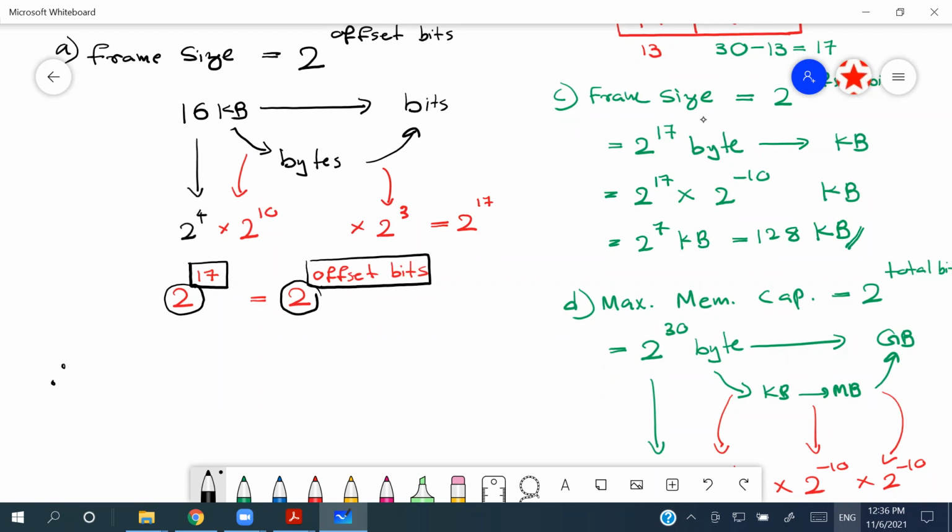Therefore, offset bits are equal to 17. Right? So this is the answer for the first part.